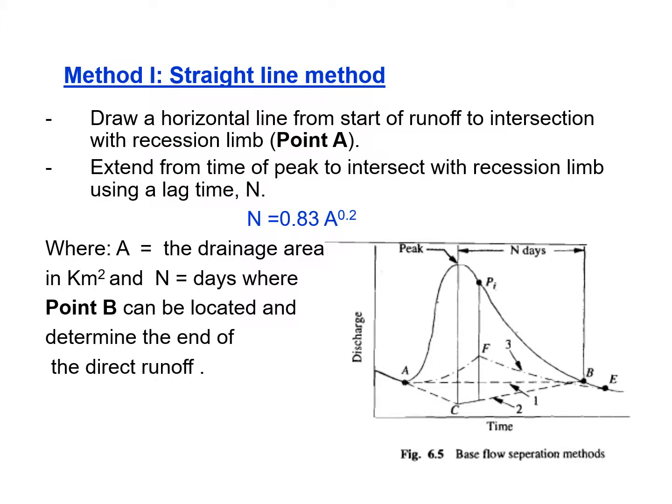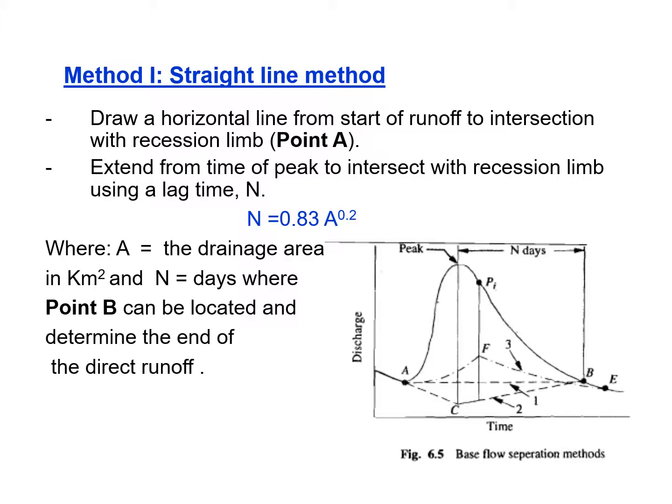First is the straight line method. You draw a horizontal line from the start of runoff to the intersection with the recession limb, that is point A. Then, from the time of the peak, extend using a lag time N equals 0.83 times A to the power 0.2, where A is the drainage area in square kilometers and N is in days.